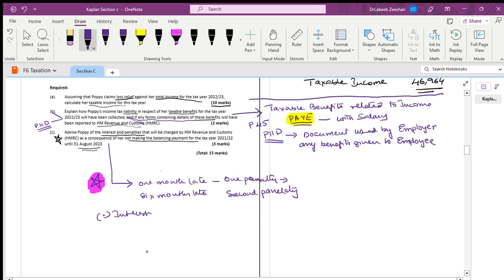Interest will be due after 1 month, is it right? Interest will not be charged from January 1st. Interest will be charged from 31st January, till which date they say it is 31st August. How many months are there?